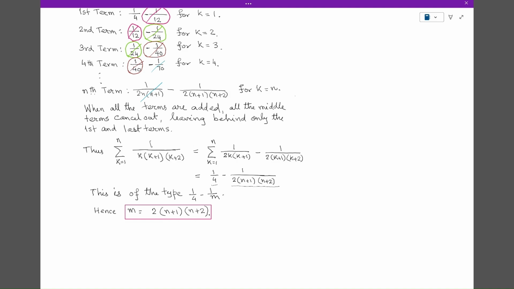This is of the type 1 by 4 minus 1 by m. Hence, m is equal to 2 multiplied by n plus 1 multiplied by n plus 2. And that is the answer.